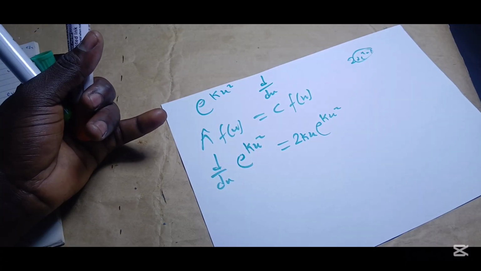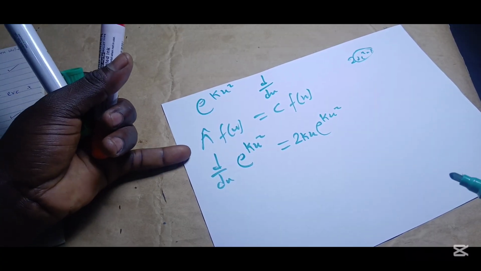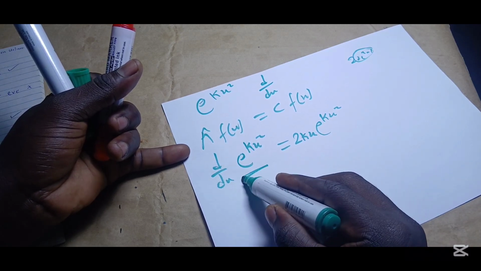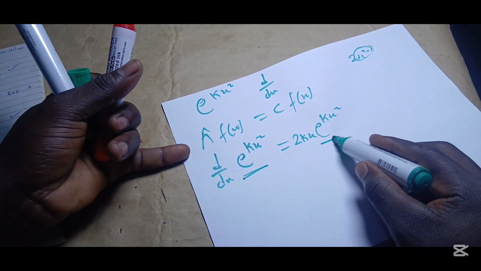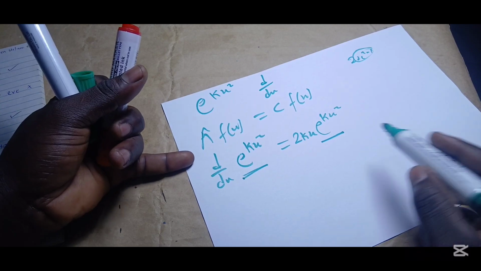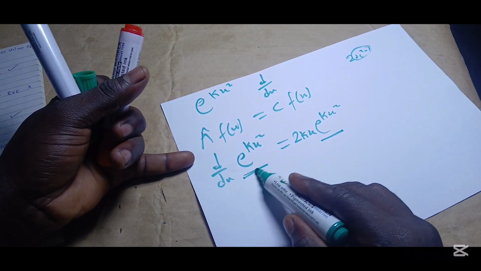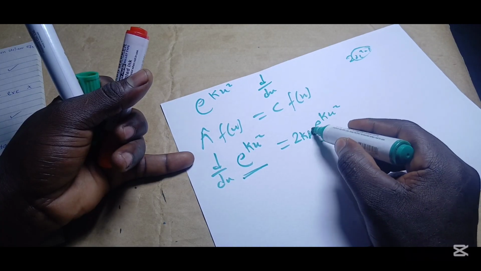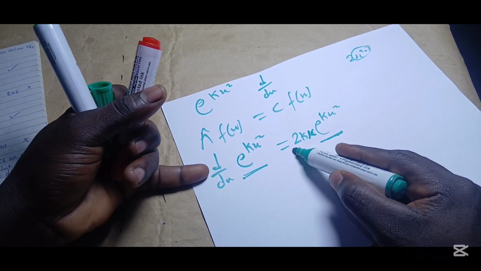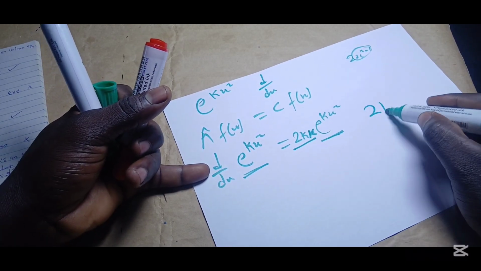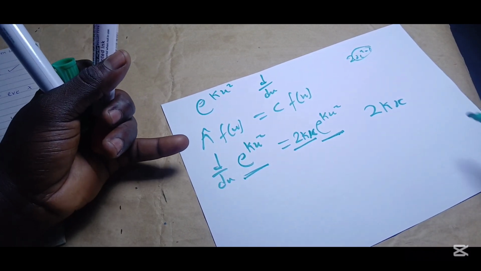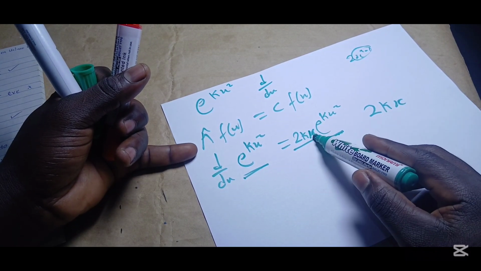So now we are done. We compare to see whether the function e to the power kx squared is an eigenfunction. While we have an operator operating on the function, we have the function back here. Now let's see whether we have a constant. 2kx is not a constant because of the x that is there.